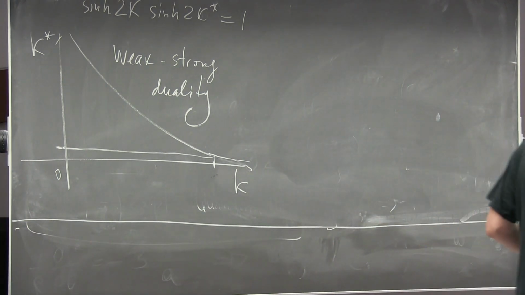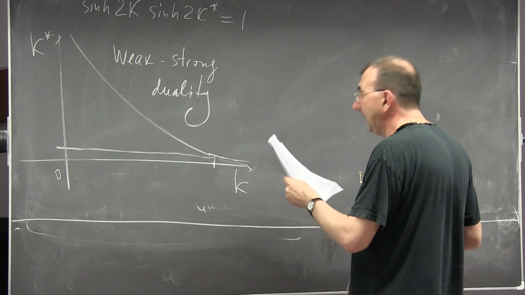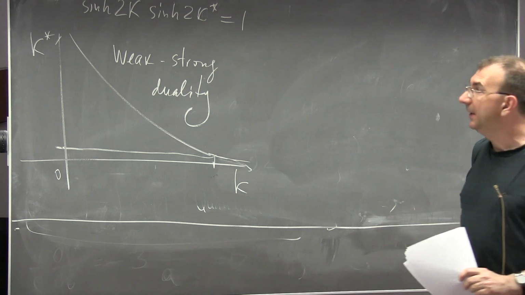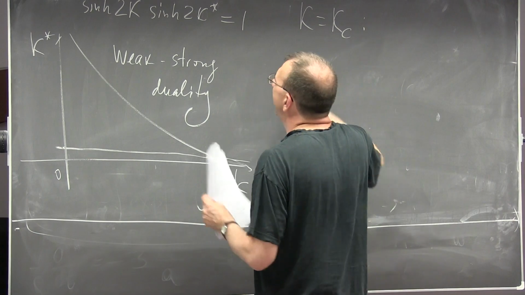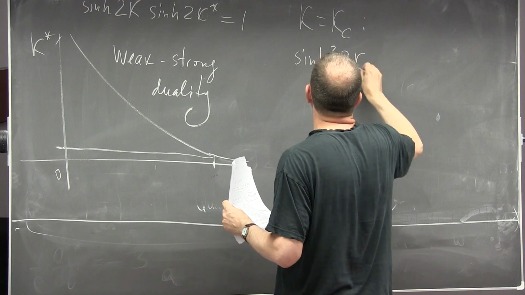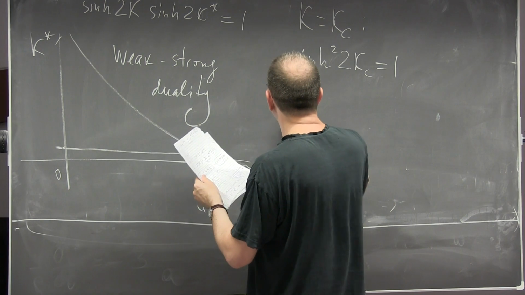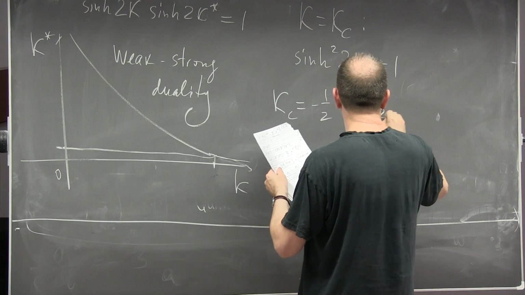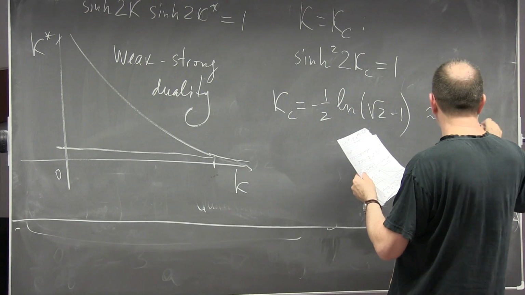One immediate consequence of this, which Kramers and Wannier pointed out in their paper, is that if you assume there is only one phase transition in this two-dimensional system, then K critical must obey the equation sinh squared 2K critical equal to 1, which tells you immediately that K critical is equal to minus 1/2 log of the square root of 2 minus 1, which is approximately 0.4407.